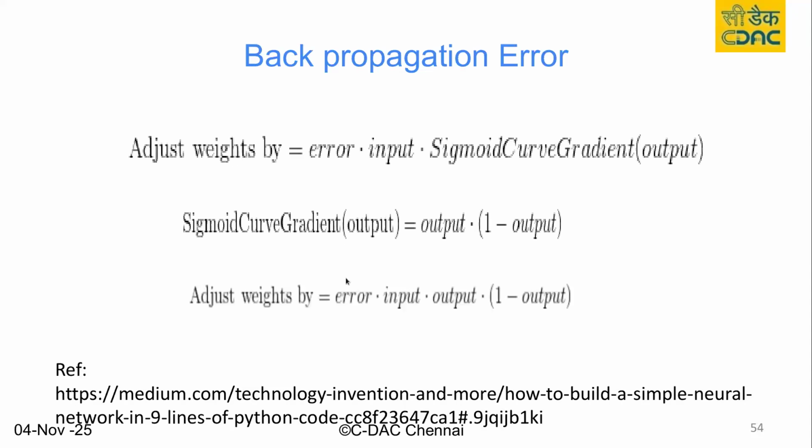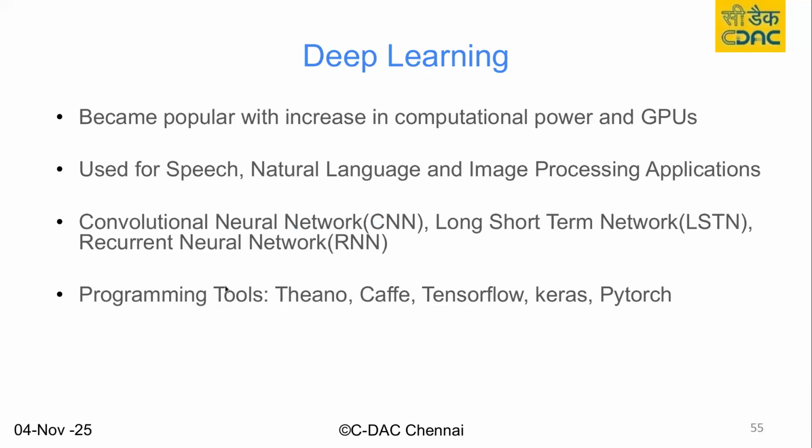And for a simple neural network, there is a derivation by which it is proved that we should adjust the weights by error into input into output into 1 minus output. I'm not going into that derivation part. So coming to deep learning, neural networks were there back in the 1960s itself, and they could be used for various classification problems to classify normal, abnormal, and so on.